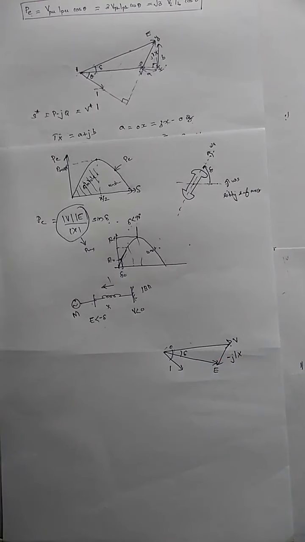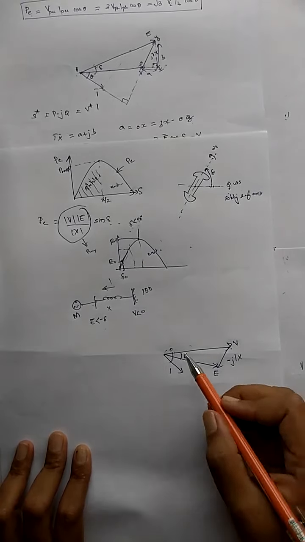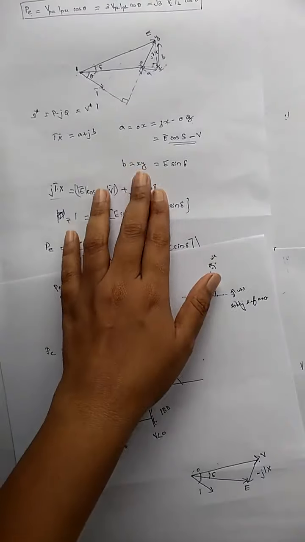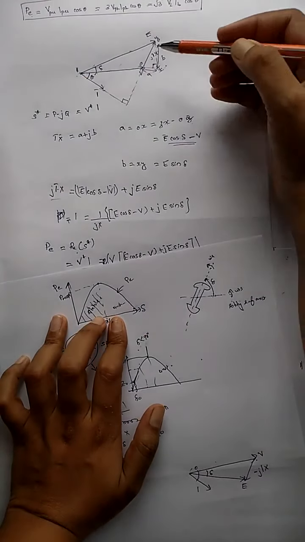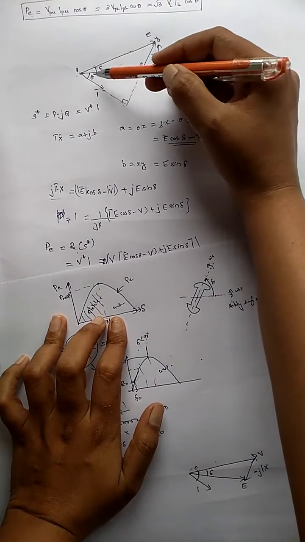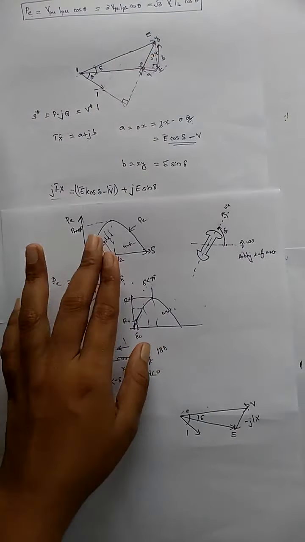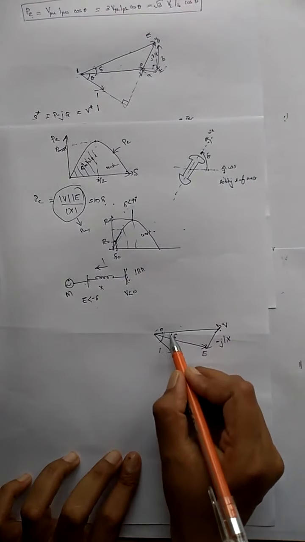So here a relation comes. Hope you remember that relation. While using it as a generator, we used to say theta is equal to omega st plus delta. Whereas here in the motor we are taking it as omega st minus delta.